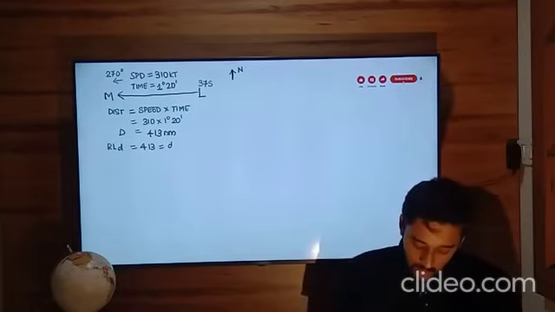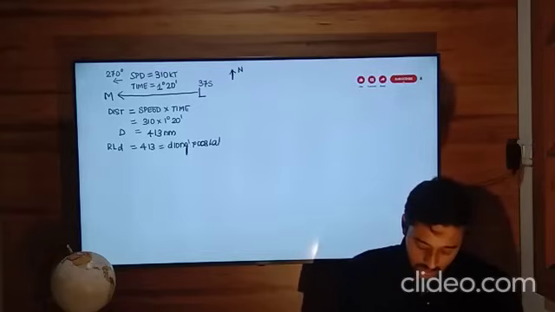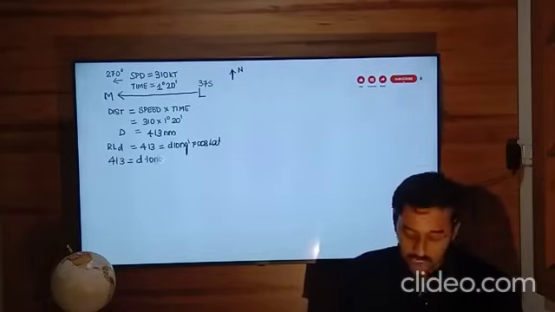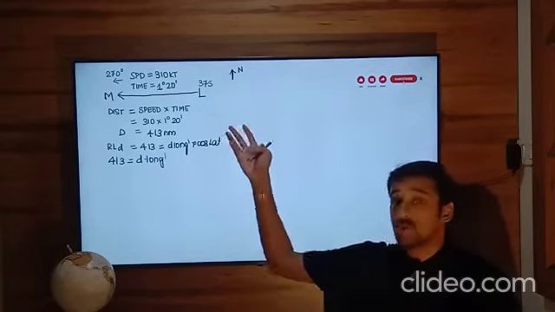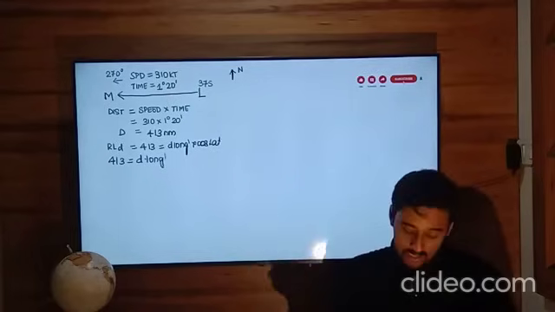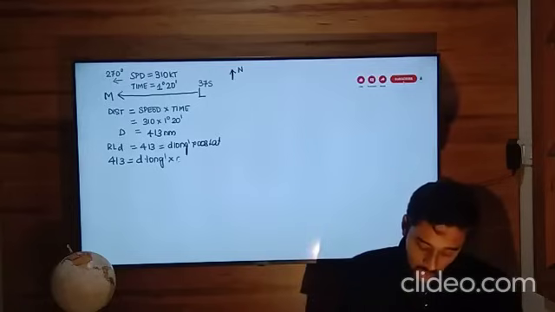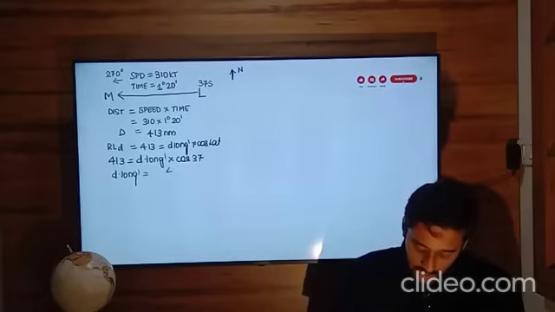Use your formula D long in minutes into cos lat. So 413 is equal to D long, I do not know because I only know one longitude, I don't know either longitude in this case, into cos of 37. D long in minutes is 413 divided by cos 37.